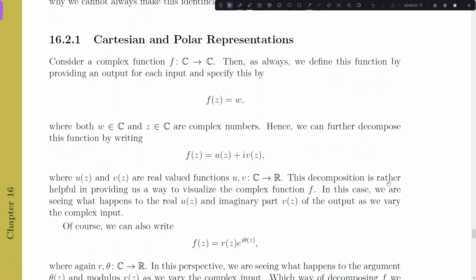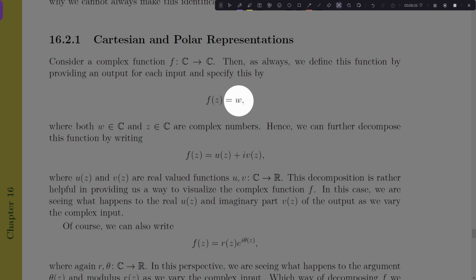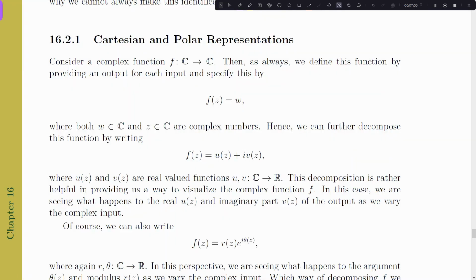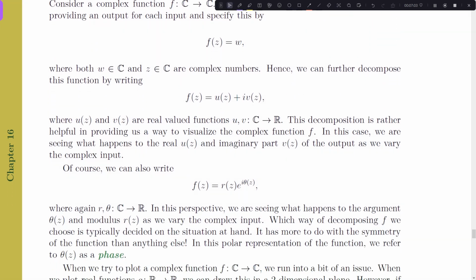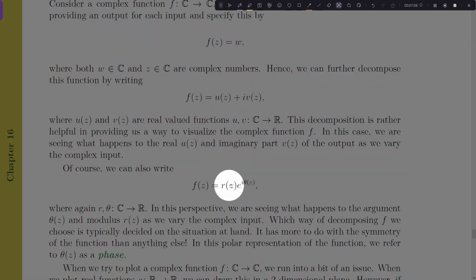Okay, so when we think about a function now, f of z equals w, there's a complex input z and a complex output w. We can represent the output of this function as some real function u and some real function v, if I get rid of the i there, and this is exactly our Cartesian representation of the output of the function. We can also play the same game where I represent the output of my function in polar coordinates, where the radius now depends on my complex input z, and my angle theta now depends on my complex input z.